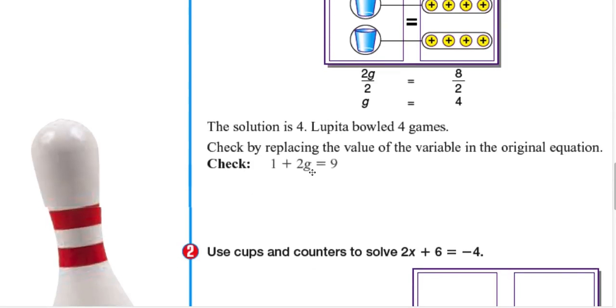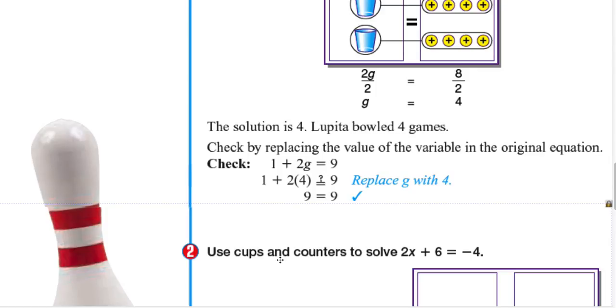Go back to our original equation and represent G with 4. So this becomes 1 plus 2 times 4. Is it equal to 9? And yes, indeed, it is. And we've checked our answer, and that is our solution. She bowled a total of 9 games.